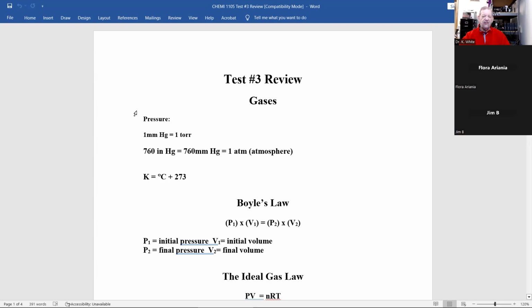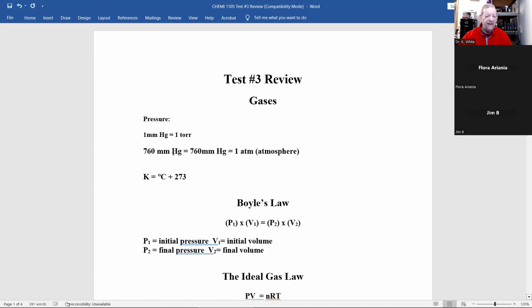Let's talk about gases. First thing is, one of the important measurements of gases is pressure. And you should know 1 millimeter mercury equals 1 torr. And there's a mistake here. That should be mm. Sorry about that.